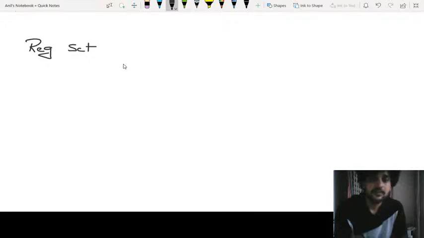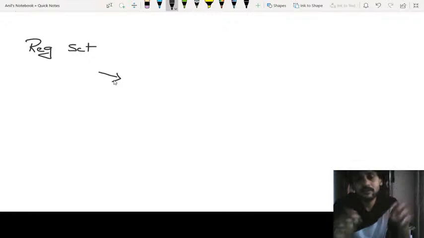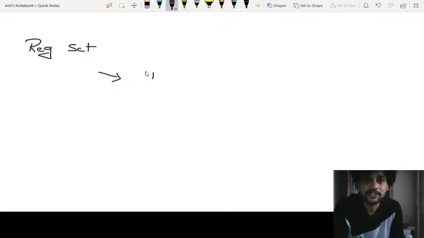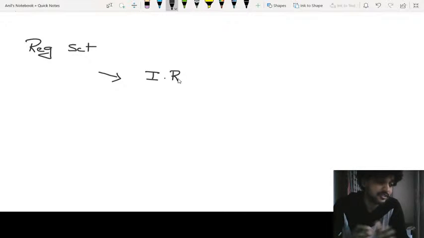In the register set, in any organization you take, one of the important registers is the instruction register. I'll call it IR. What is the instruction register? It holds the current instruction that is getting executed.